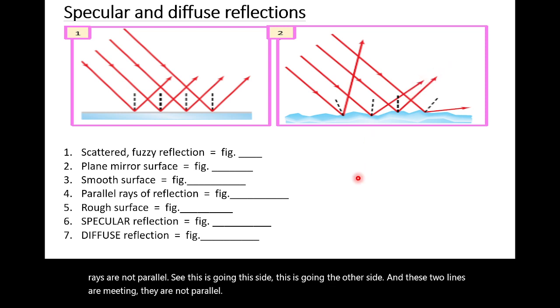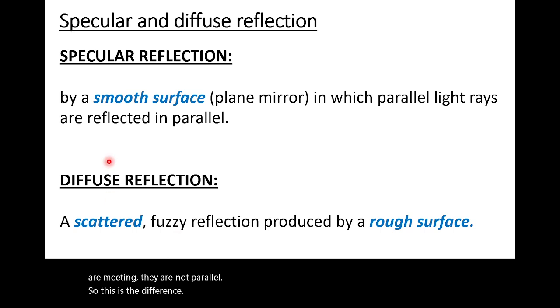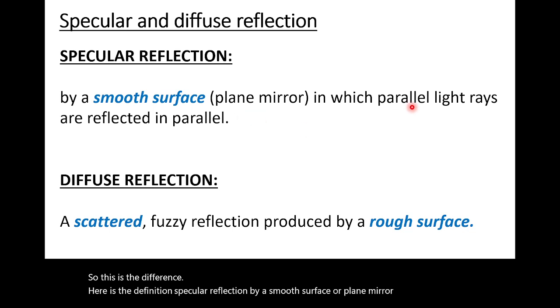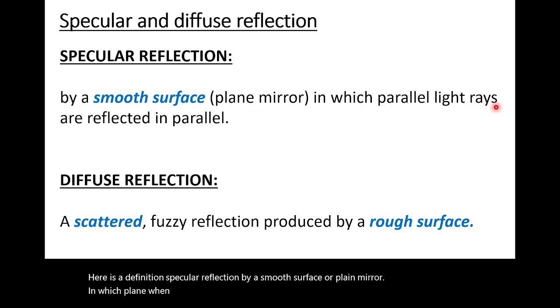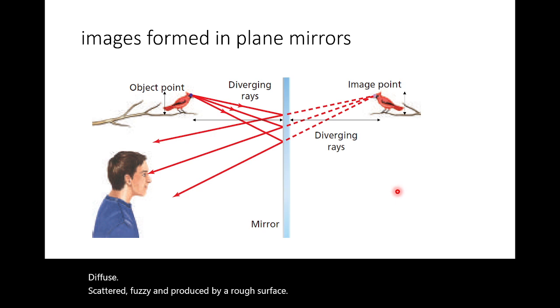So this is the difference. Here is a definition. Specular reflection by a smooth surface or plane mirror in which parallel light rays are reflected in parallel. Diffuse: scattered, fuzzy, and produced by a rough surface.